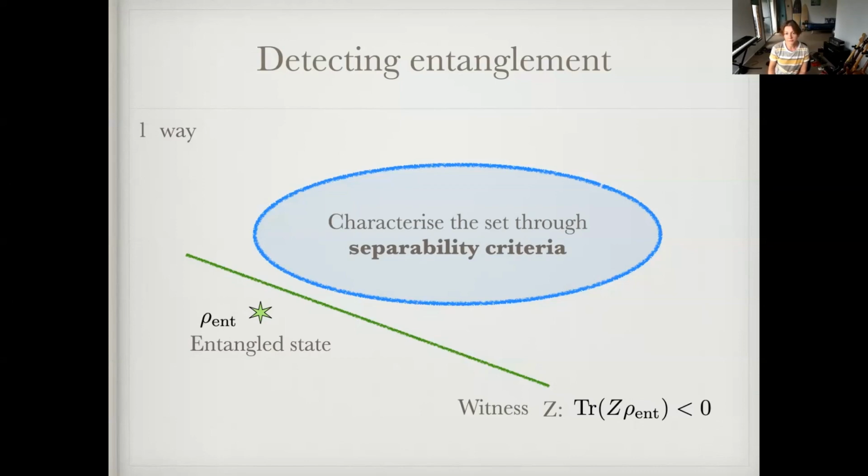So instead, there are some separability criteria, which are simple conditions that hold for all separable states. These criteria form a hierarchy, so sometimes one criterion is stronger than the other. So you can use various different criteria to test entanglement, and I'm going to talk about a few of them.